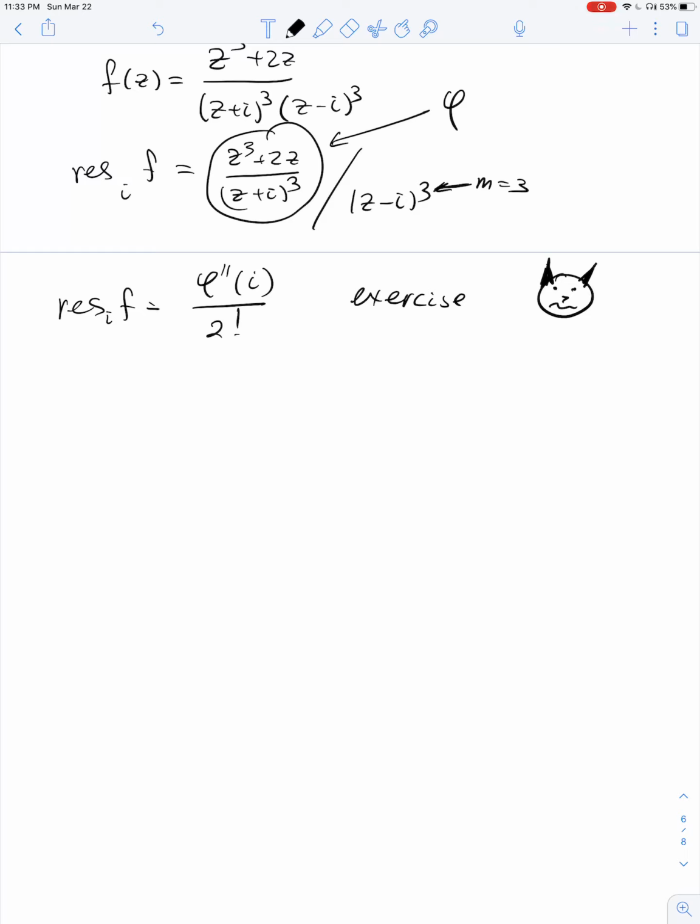Okay. So, what else? So this is it for the residues, and now let's discuss an adjacent topic, which is called zeros of analytic functions.